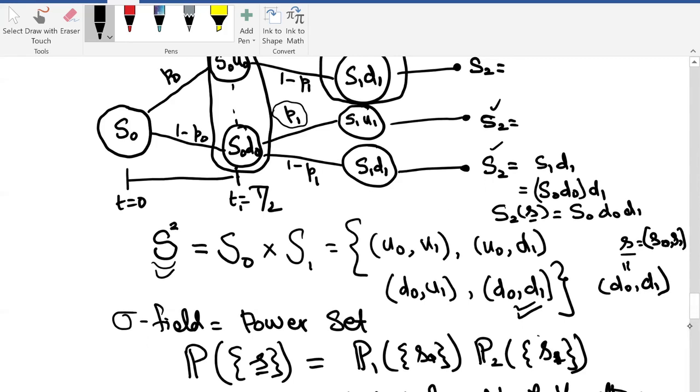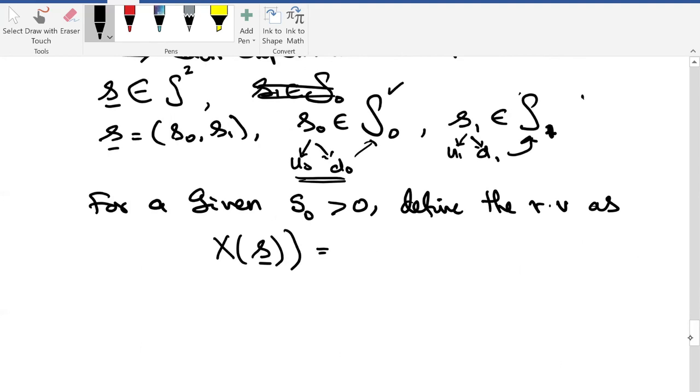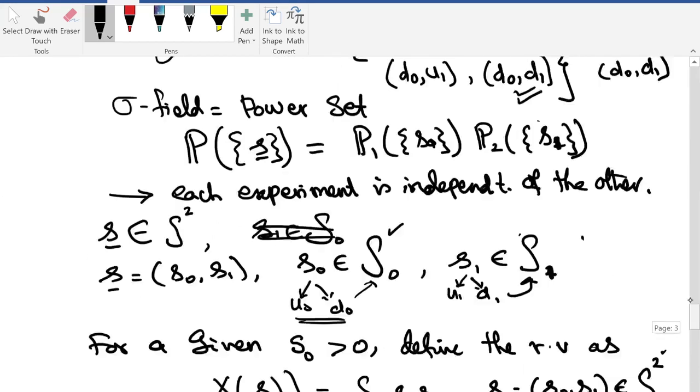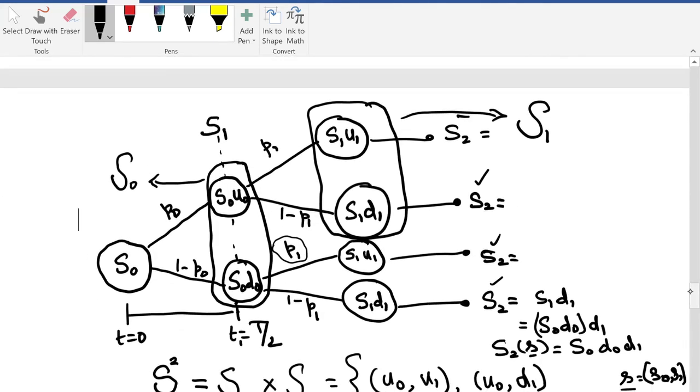Again, sorry for the confusion in notation. It is S0 into small s0, small s1, for all s, which is equal to s0, s1, belonging to your product space. Yes, two-dimensional product space. This two represents two steps. If it is an n-step method, then the dimension is n. Similarly, if you go back and see, here your vector s is D naught, U1.